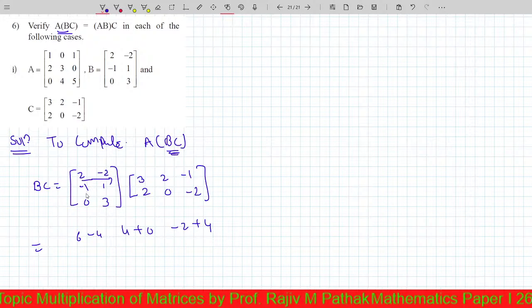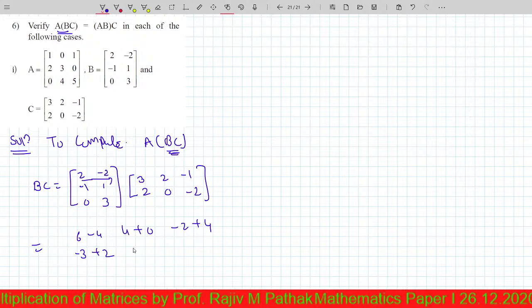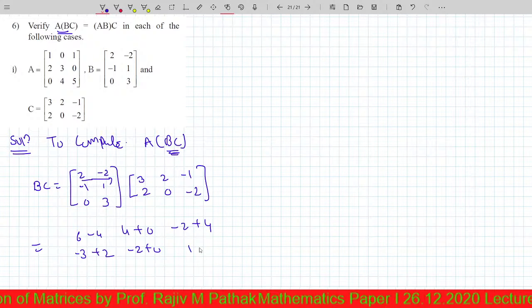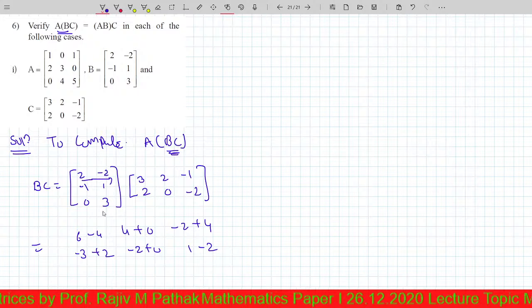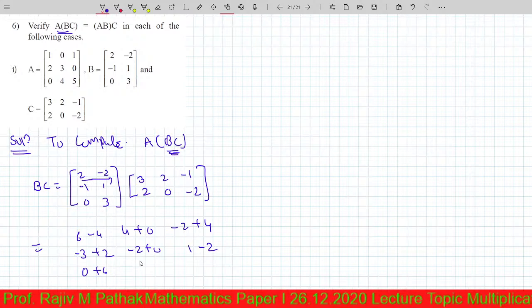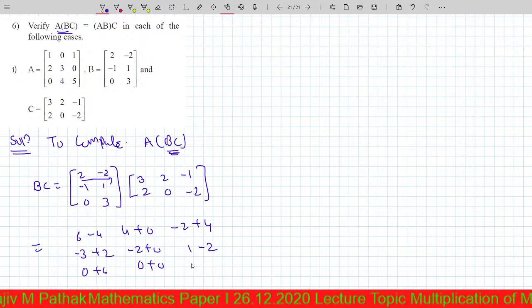Then come down, change the row. So minus 1 into 3 is minus 3, plus 2, space, minus 2, plus 0, 1, minus 2. Then come down, 0 into 3 is 0, plus 6, 0, plus 0. Then 0 or minus 6.